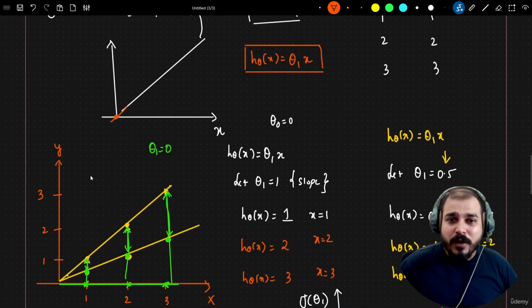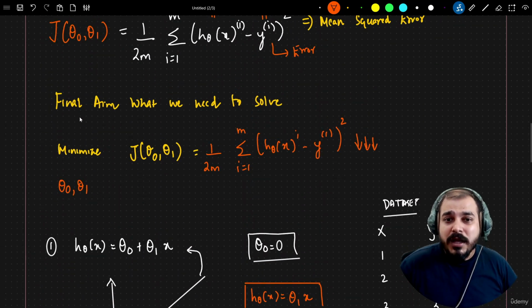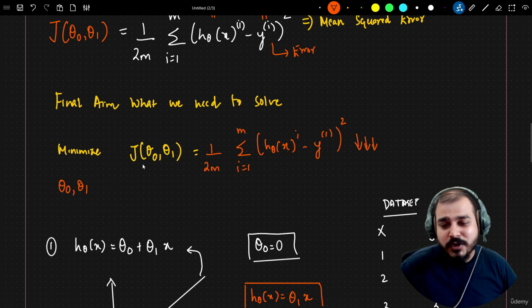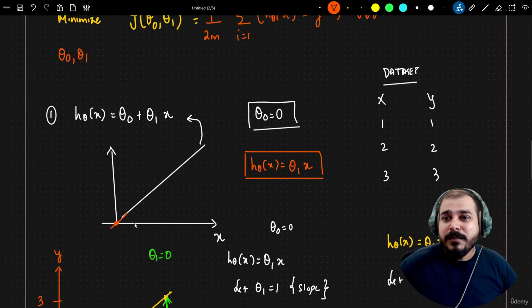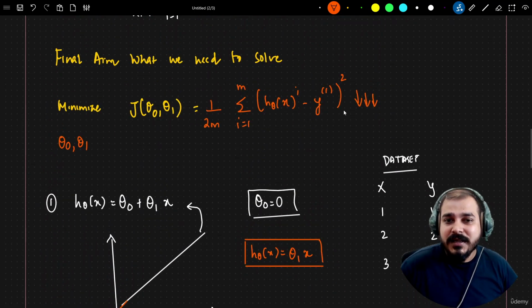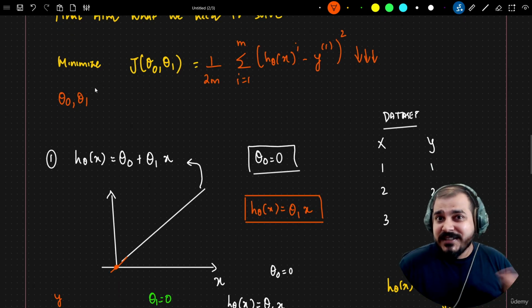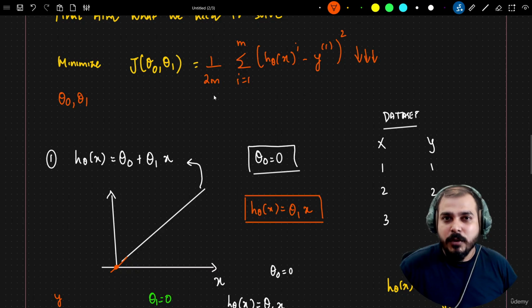And our aim, what were we actually planning to do? We were planning to minimize this J of theta 0 comma theta 1. Since theta 0 is 0, I have not written theta 0 specifically over here. But we had to minimize this by changing the value of theta 0 comma theta 1. In this particular case, theta 0 was already 0, so we changed the theta 1 value and we minimized this value, right?